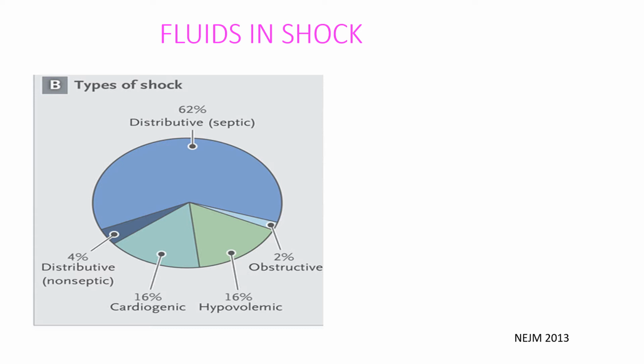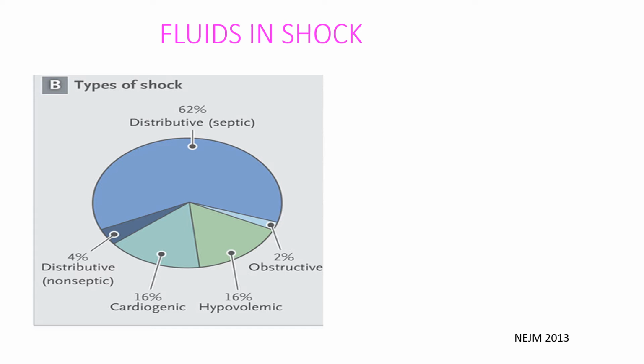And one type of shock which is not covered in most of the classifications is endocrine shock. That is because of hypothyroidism or hypopituitarism, and there is another class which is called a mixed class of shock.